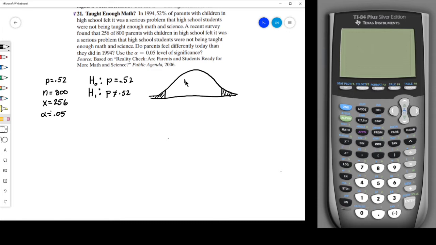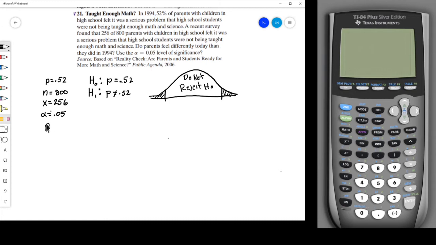So this in between here becomes my do not reject region. I'm going to have to find two critical values, but I'm really just finding one because remember, this is symmetric.